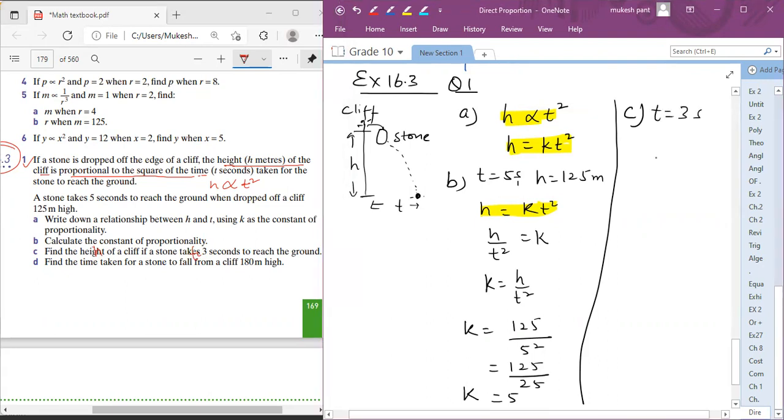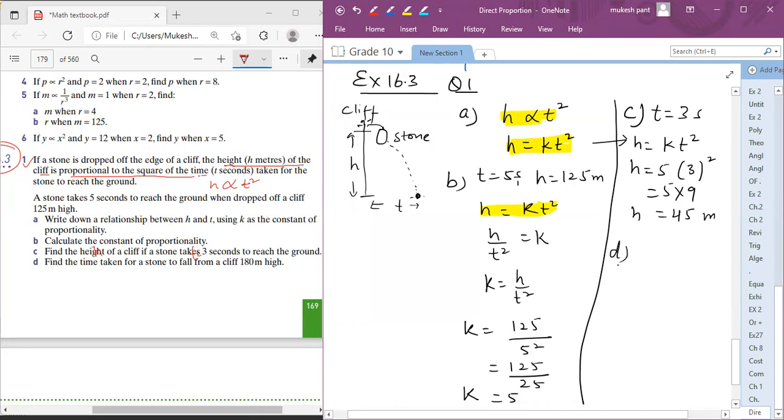Okay, so write h in this equation here, h equals k t square. h we have to find out, k we have 5, this is 3, so 5 times 9 equals 45 meter. So the height will be 45 meter. Clear?